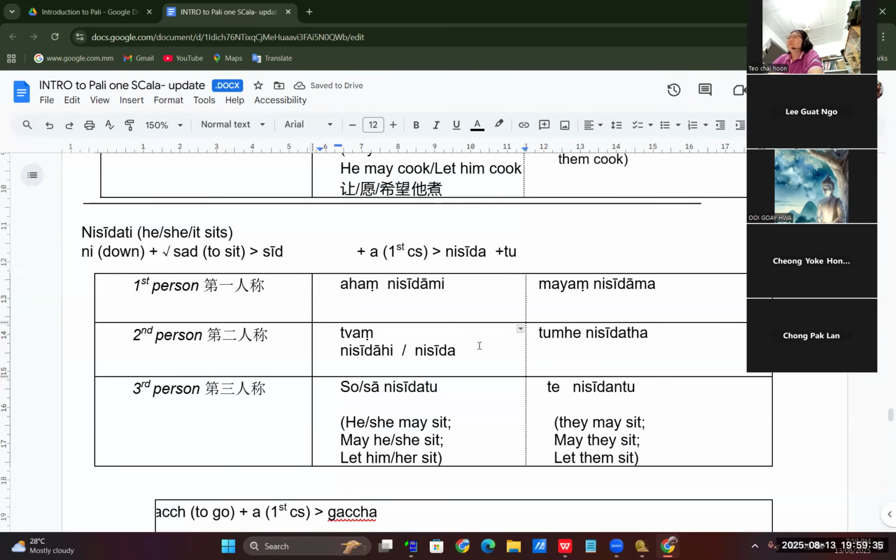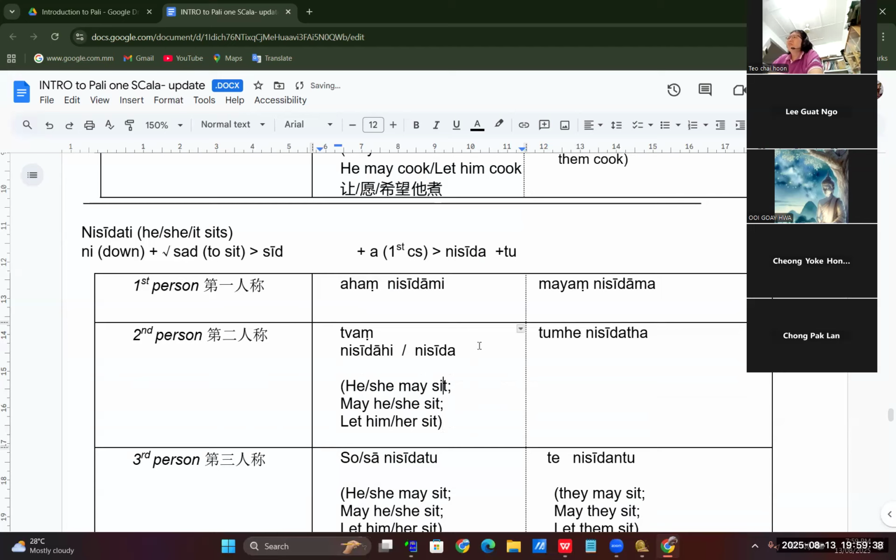Okay, so this one change it to you. So this one change it to tumhe means you all. To differentiate the singular plural, that's why we put the word you all.